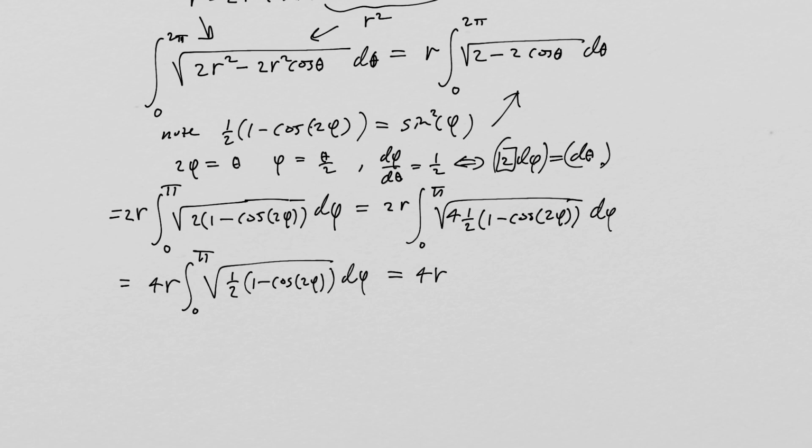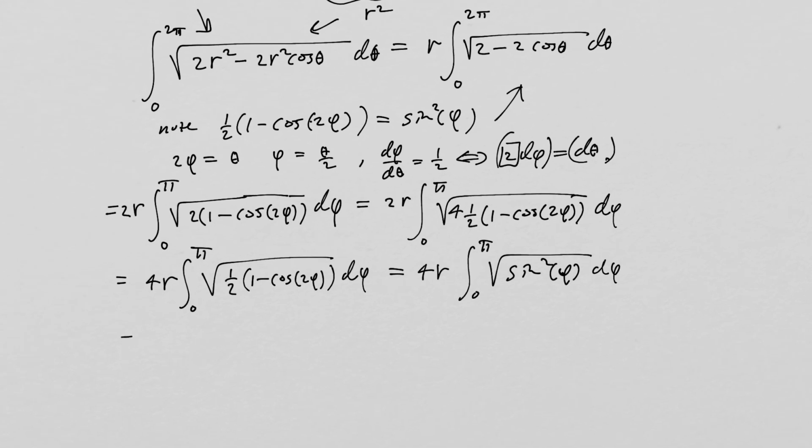And now we can exploit the trig identity. That's going to be sine squared phi d phi, otherwise known as 4r, the integral from 0 to pi of sine phi d phi.